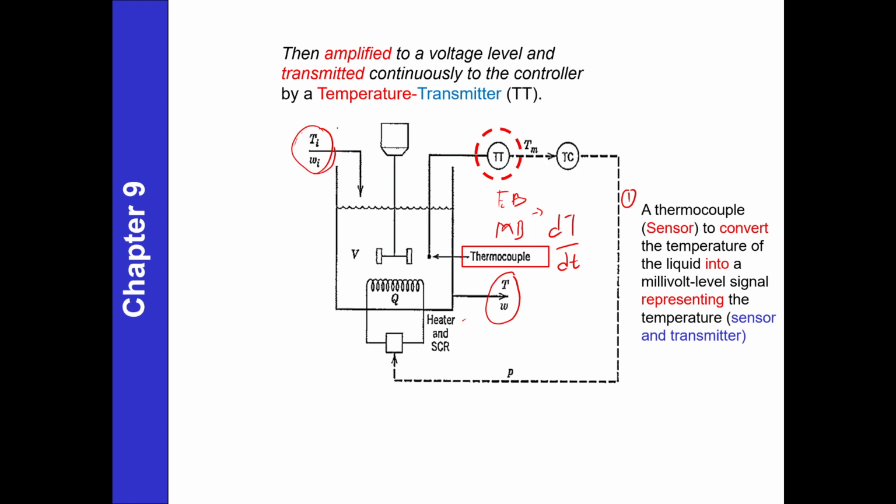And then of course we need a controller. Since this is a temperature control system, we need a temperature controller here. What does this controller do? It will compare the value of PV, process variable, to the value of SP.